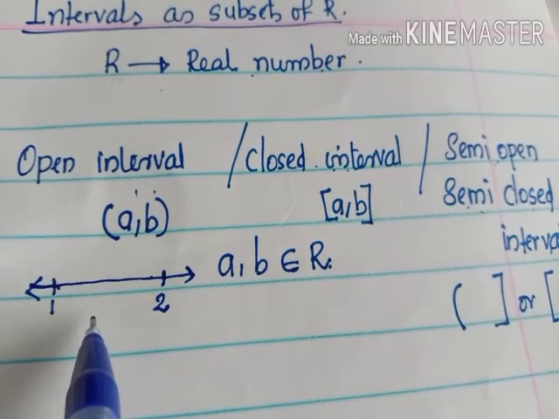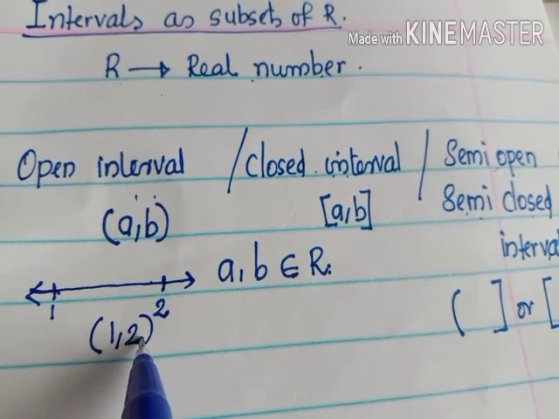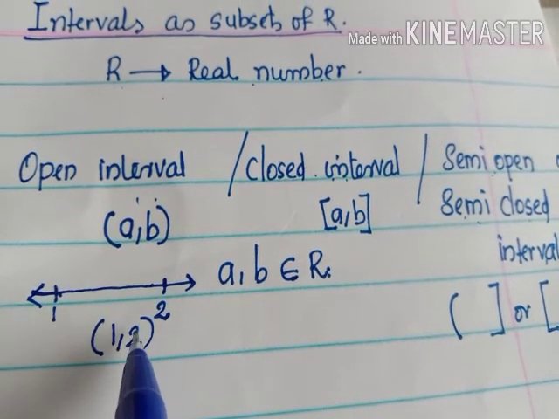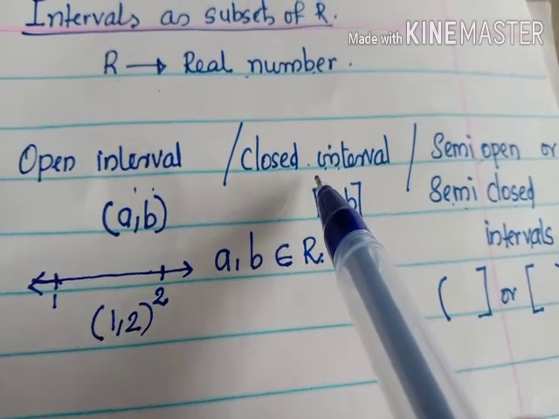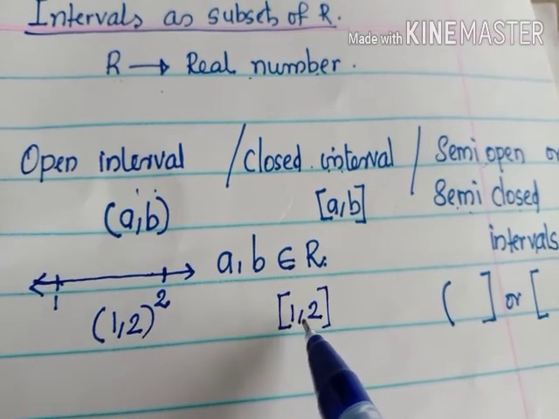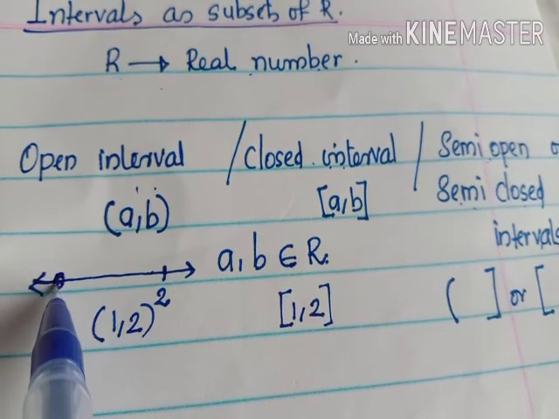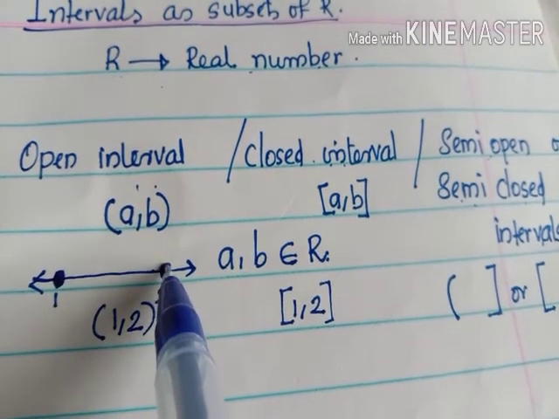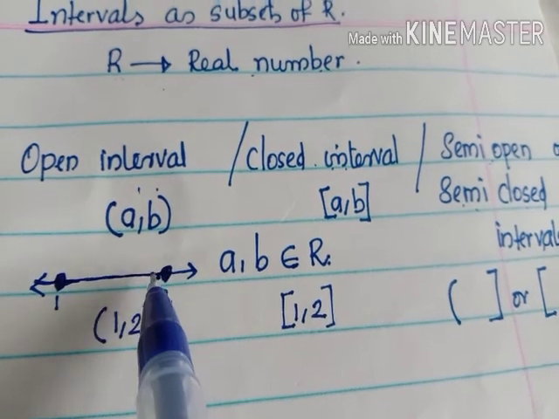So open interval (1, 2) means we exclude 1 and 2 and consider the numbers in between 1 and 2. At the same time, in the case of the closed interval, take the same elements 1 and 2. Closed interval [1, 2] means we have to consider 1 and also 2 and the numbers lying between 1 and 2. That is the difference.